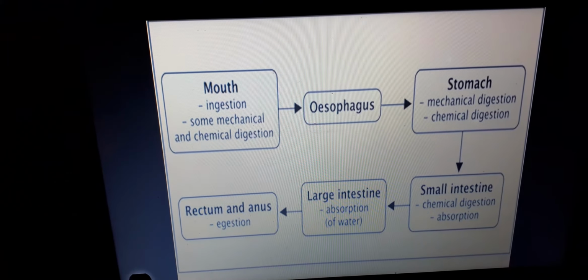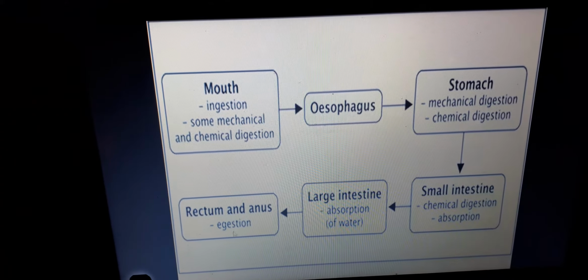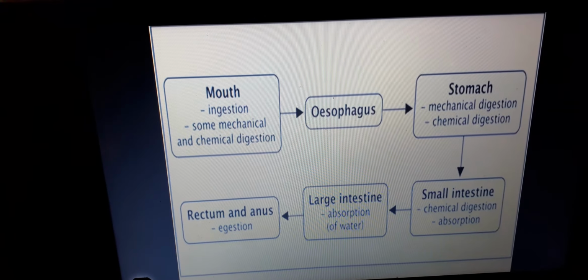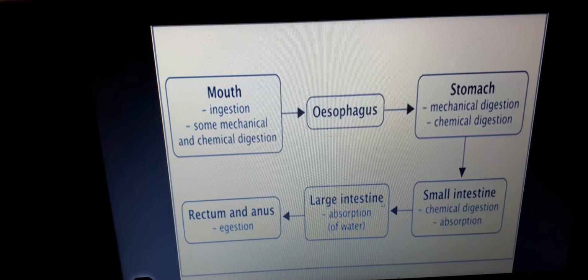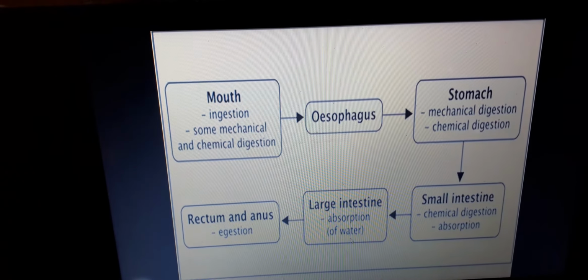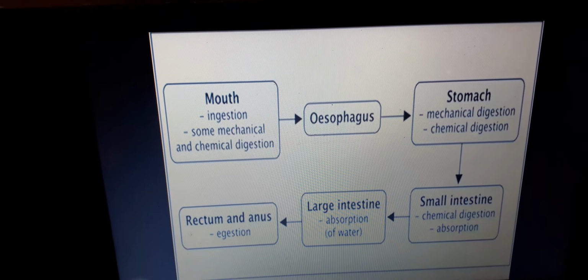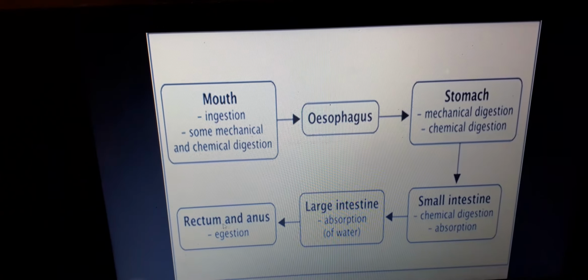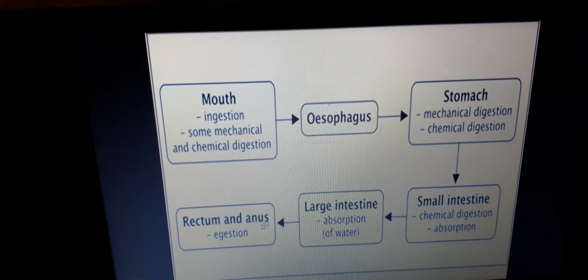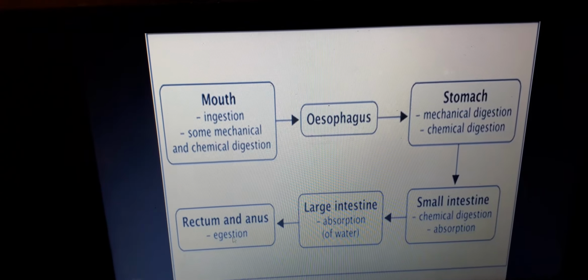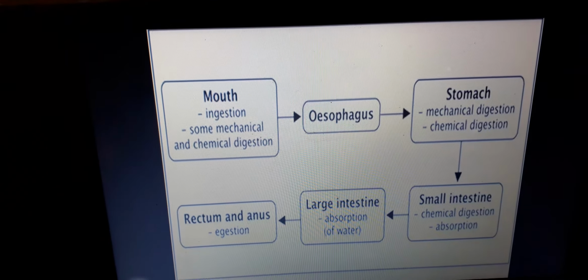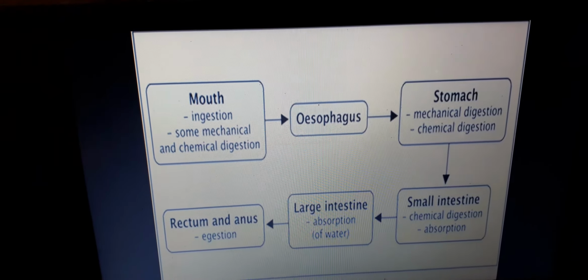These nutrients are finally absorbed in the small intestine. Now the food goes to the large intestine, where absorption of water takes place, and then the undigested food reaches the rectum, and finally through the anus the egestion process occurs. So this is a summary, the flow chart of digestion of food in the alimentary canal.